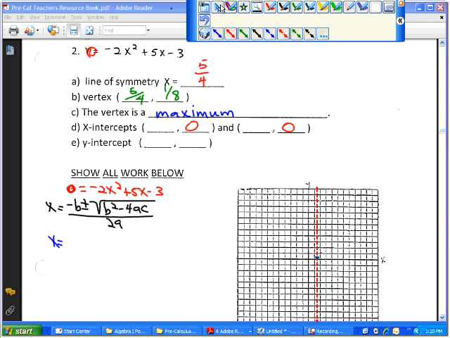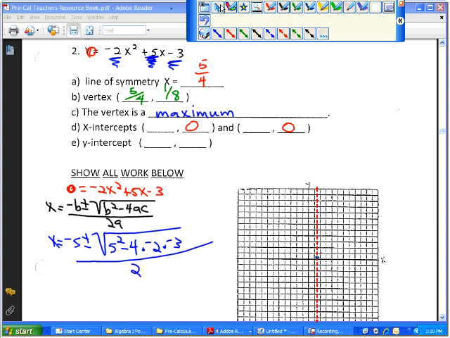So x is equal to the opposite of my b value. It was a positive 5, so that makes it a negative 5, the opposite of b, plus or minus the square root of my b value, which is 5 squared, minus 4 times my a value of negative 2, times my c value of negative 3, all over 2 times my a value of negative 2.